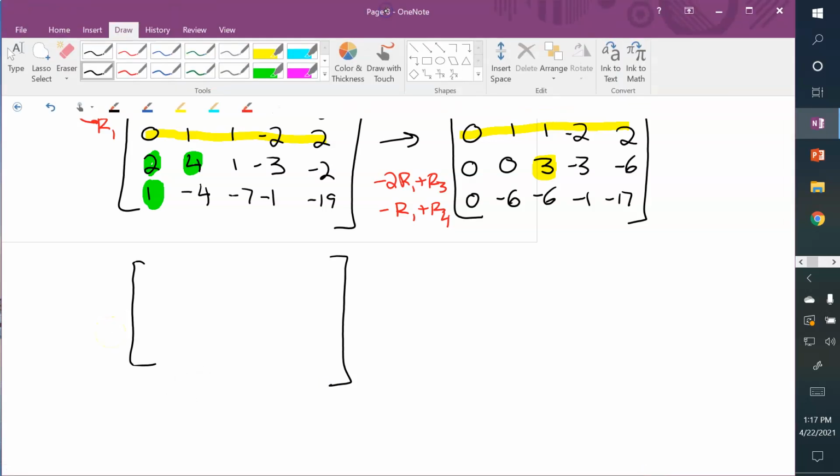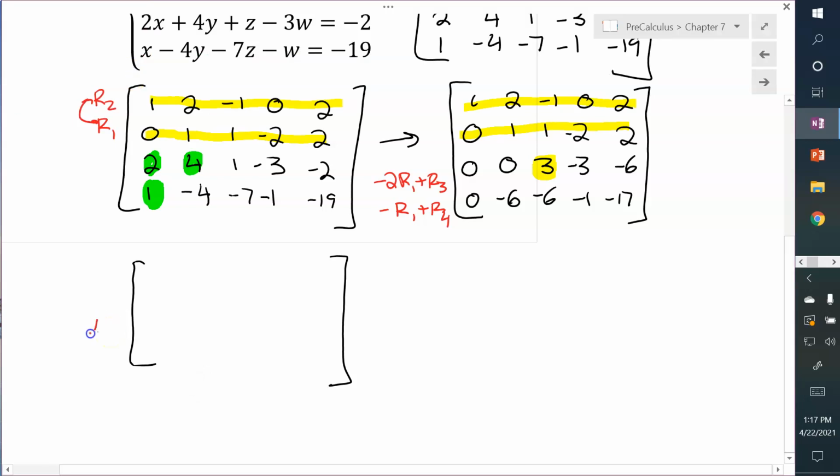So I'm going to say 1/3 row 3. So row 1 and 2 don't change. So 1, 2, -1, 0, 2, 0, 1, 1, -2, 2. Okay, let's multiply row 3 by 1/3. I can do that in my head, so I won't write it down. 0, 0, 1, -1, -2.